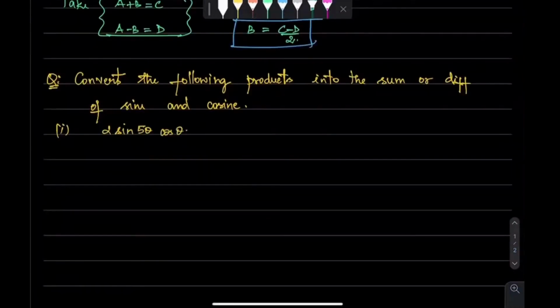So this is in the form we know. You can take it in sin A cos B. So 2 sin A cos B is nothing but what?